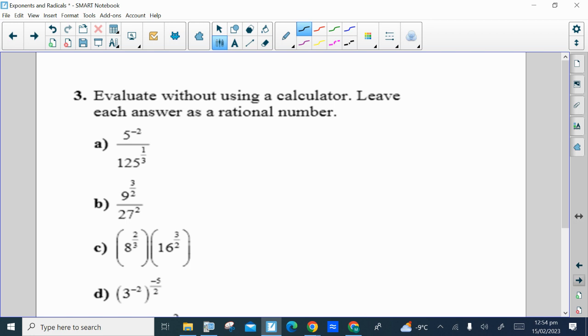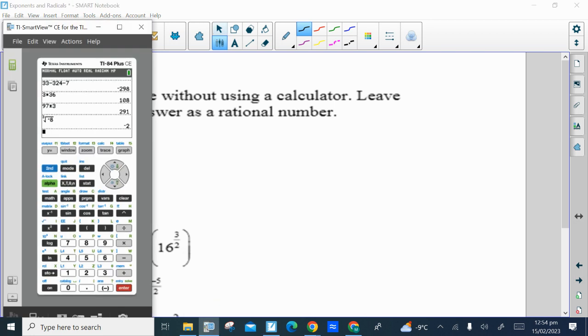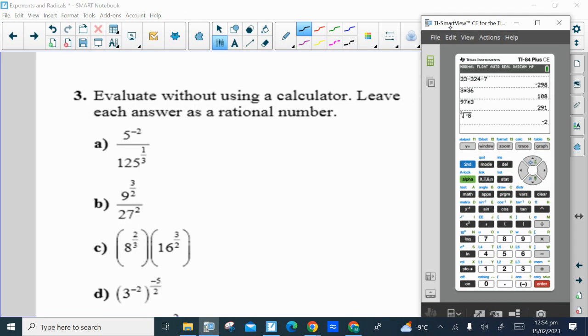So it says evaluate without using a calculator, and what that means is just don't put the expression in your calculator and get an answer, because you can. And you could use that for a check to make sure that your answer is correct. But just to show you, 5 to the power negative 2 divided by 125 to the power 1 over 3.